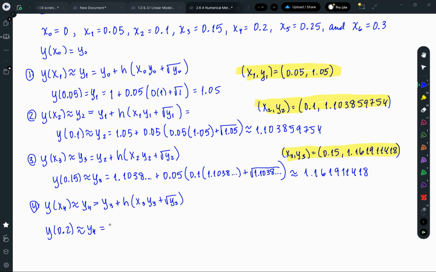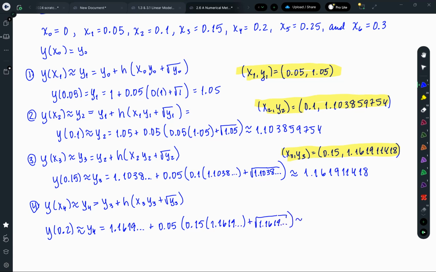That is equal to y3, which I will write as 1.1619 plus h, which is 0.05, times x3 was 0.15 times the y3, 1.1619, plus the square root of the 1.1619.